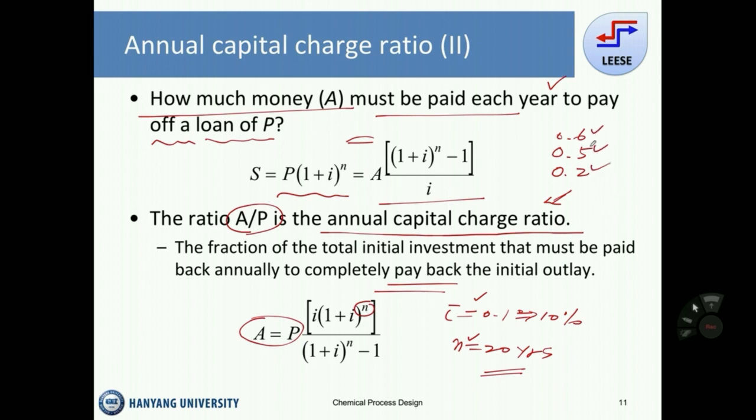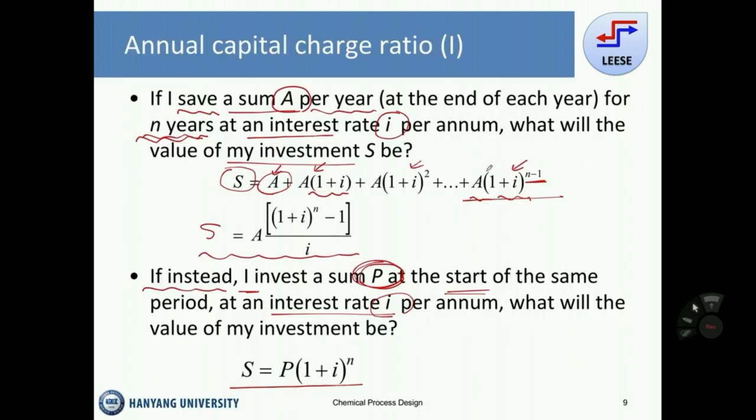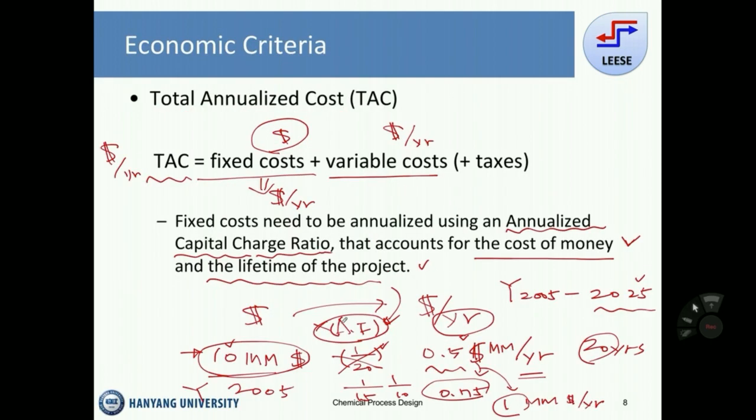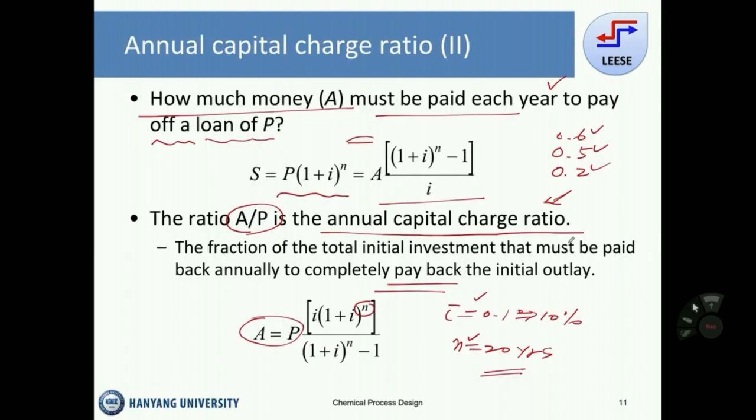Then, based on this annual capital charge ratio, you can apply it to the annualized capital cost to get the annual basis cost per year. So here we take 1 over 20, 1 over 15, 1 over 10. How do we calculate this? How do we determine this one? This is based on this formula.